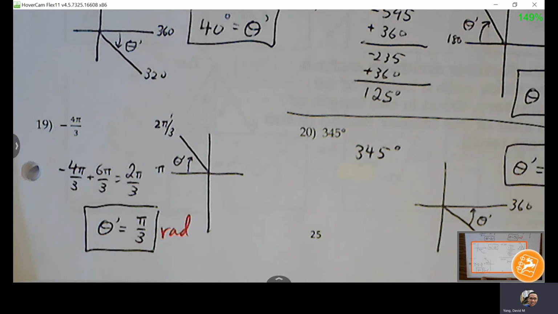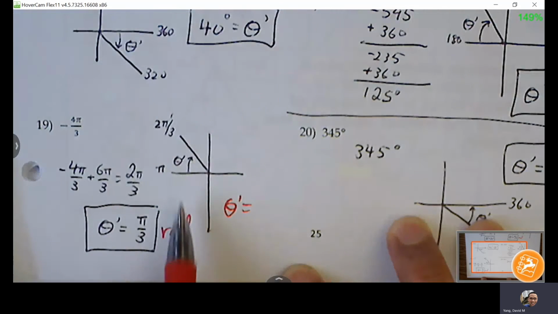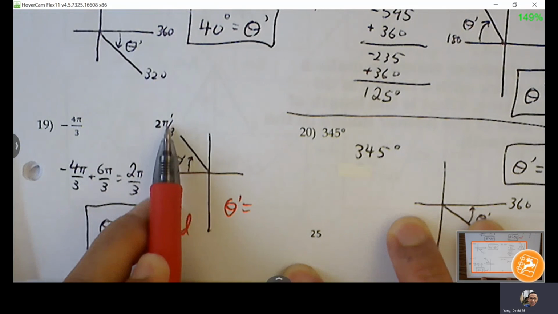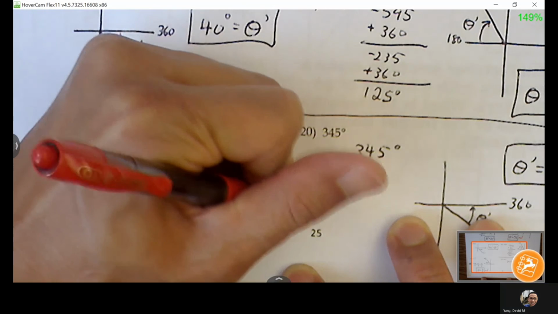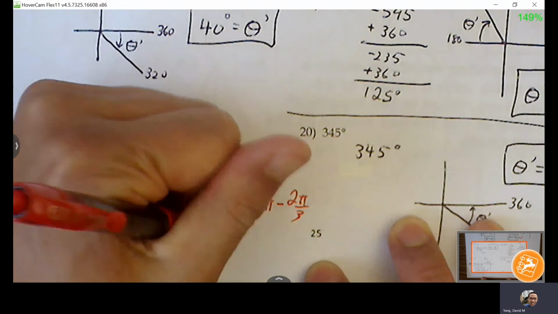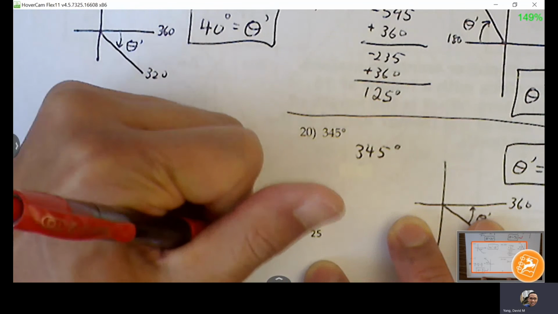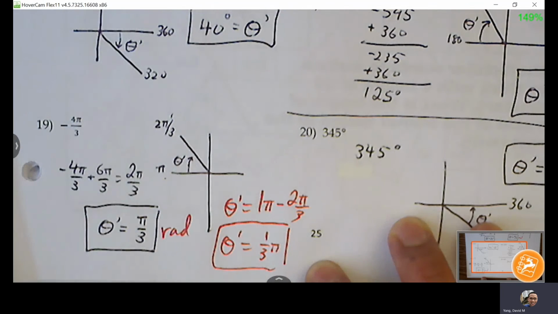So my theta prime is just going to be pi minus 2 pi over 3. So 3 over 3 minus 2 over 3, it's just going to be 1 over 3. That makes sense. Okay.